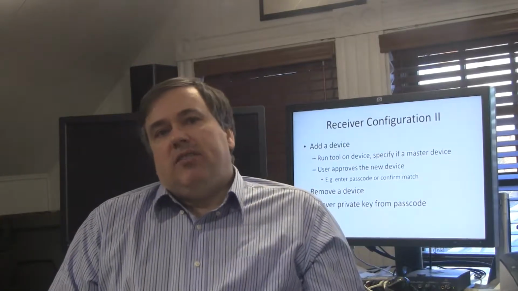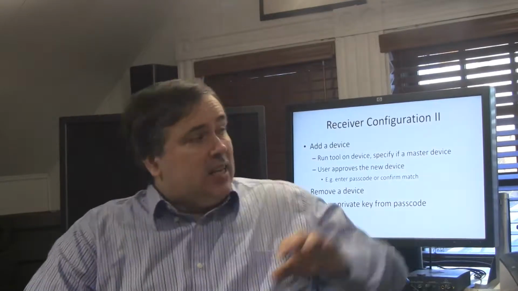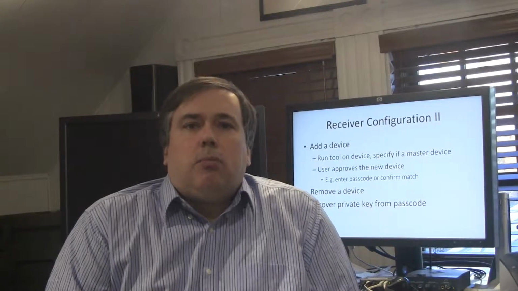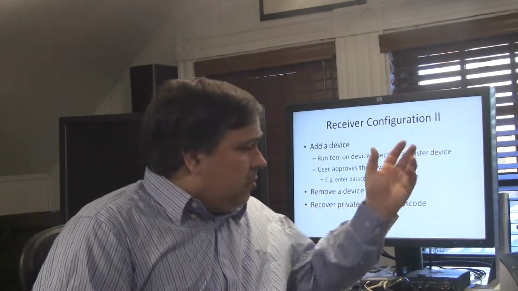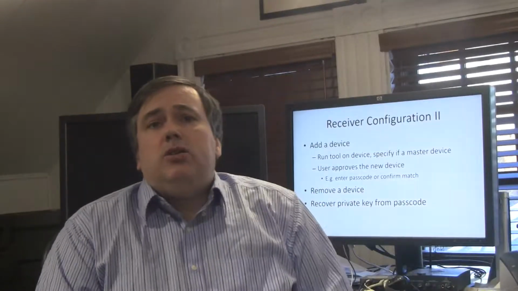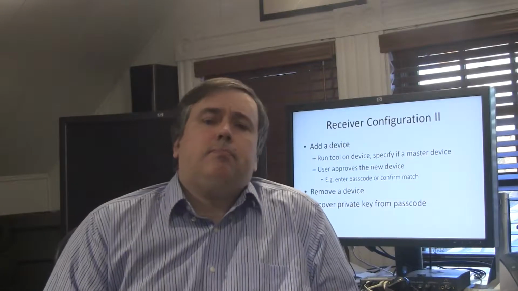The next part of receiver configuration is, well, what if the receiver has more than one device? I can generate a key pair set on my main desktop machine, but what if I'm out and about and I want to generate keys so that I can use them in some mobile device that I'm carrying with me, my iPhone and all that stuff?